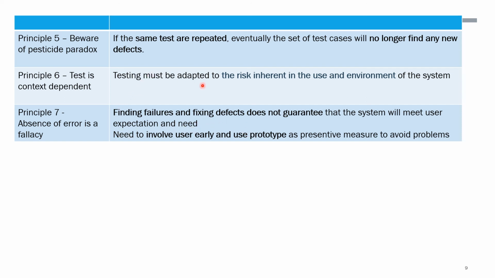When you find failures and you fix them, it does not guarantee that the system is actually good enough. Maybe there are no more errors, you have fixed everything, but that does not guarantee that you have met all the expectations of the user.